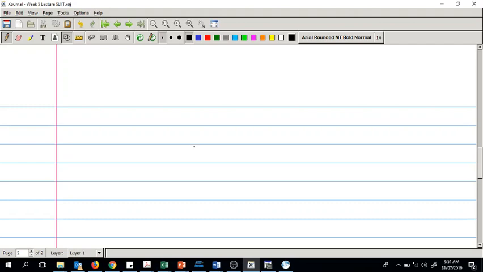Now let's take this transistor. We have IB, IE and IC. If we apply KCL to the BJT, we can write IE is equal to IB plus IC.